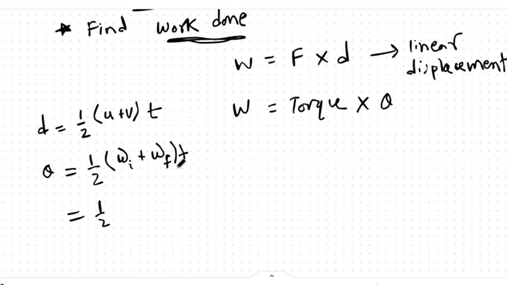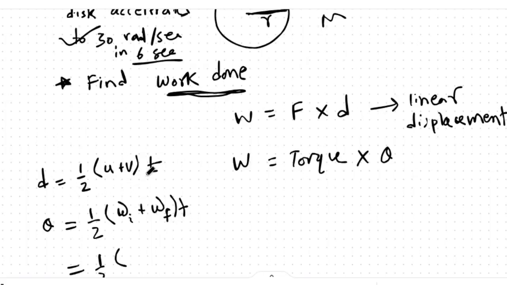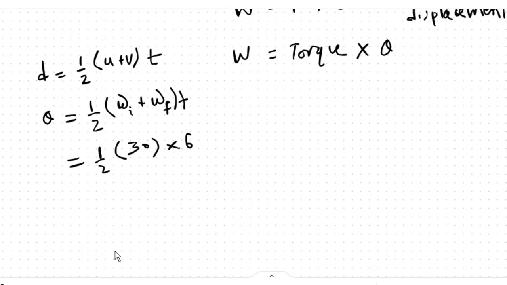What they have given is the initial angular velocity is 0, the final angular velocity is 30 radians per second, and time is 6 seconds. So it took 6 seconds to go from rest to 30 radians per second. This comes out to be 90 radians. So the total angular displacement is 90 radians.